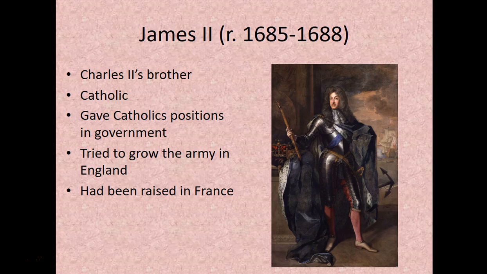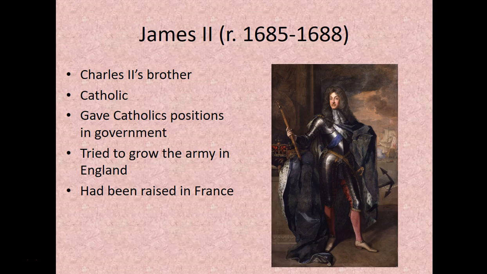Like I said, he had grown up in France, right? He was a young boy when his father was in the Civil War. So he and his older brother, Charles II, had grown up in France, and because he was so young, he was actually Catholic, right?